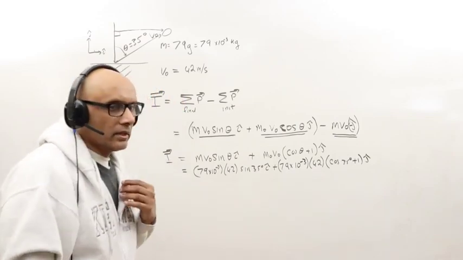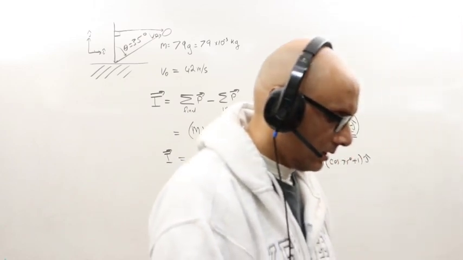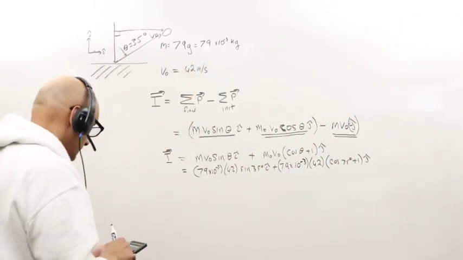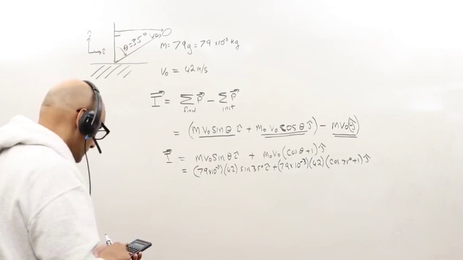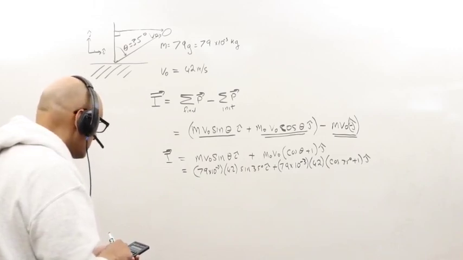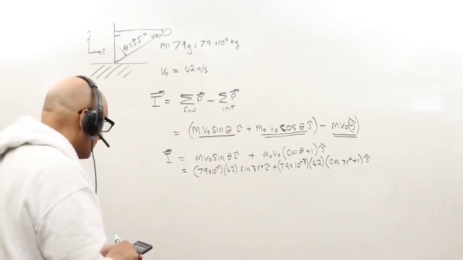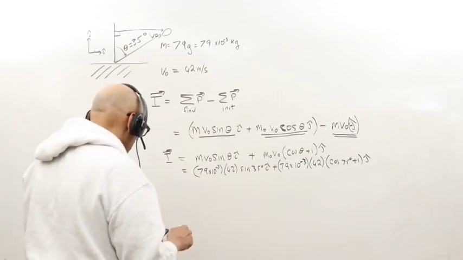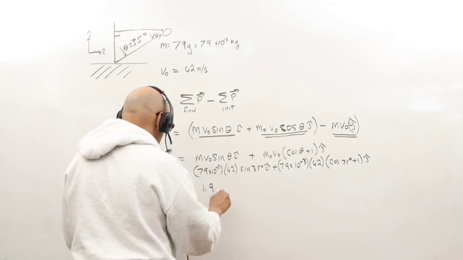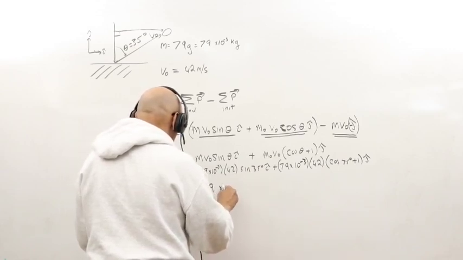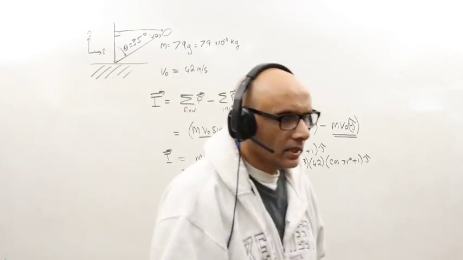So we'll bring out our calculator. 79 times 10 to the minus 3 multiplied by 42 multiplied by sine 35 gives me, to two significant digits, 1.9 times 10 to the 0, so it's just 1.9 newton seconds.